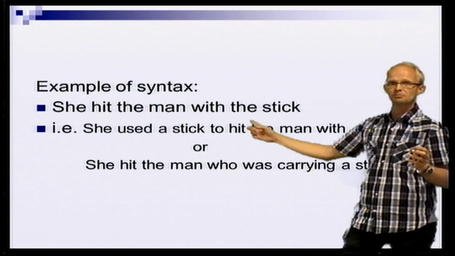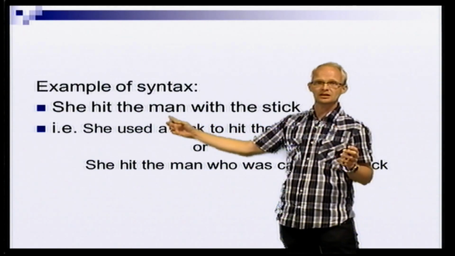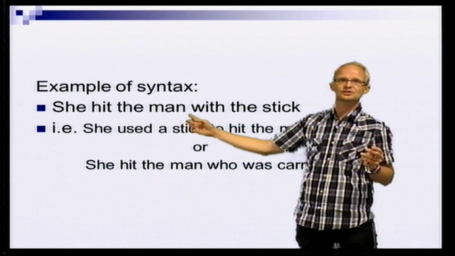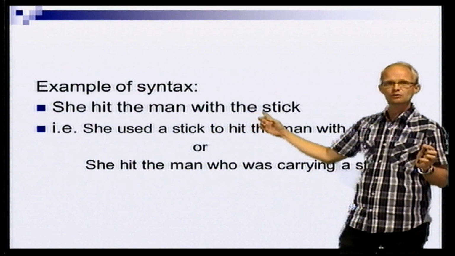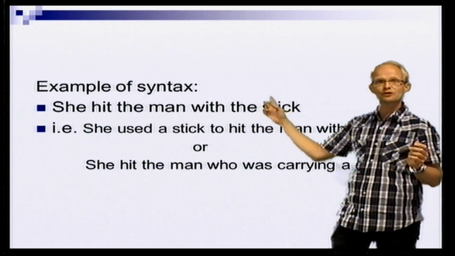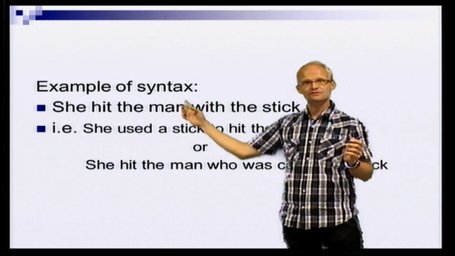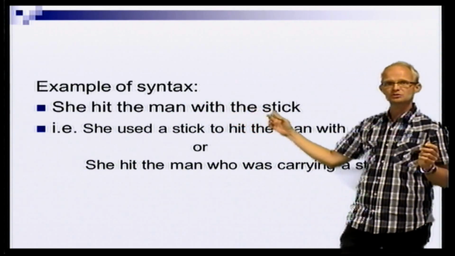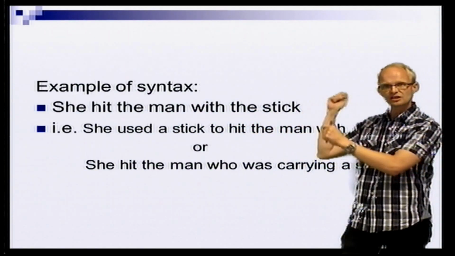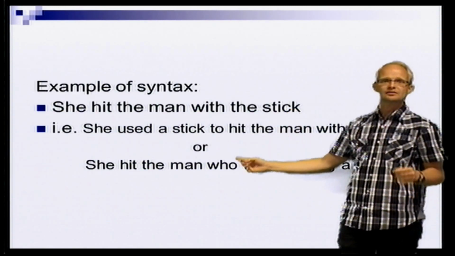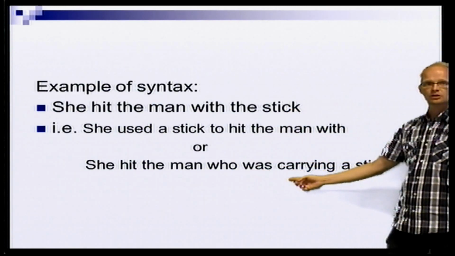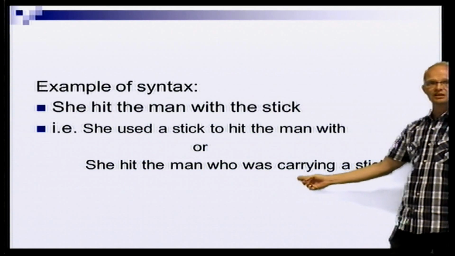Then the man and with the stick are two different elements, two different constituents. So with the stick, if you analyse it, would be an adverbial denoting instrument. She was using a stick to hit the man with. In the second interpretation, the man and with a stick is one element.